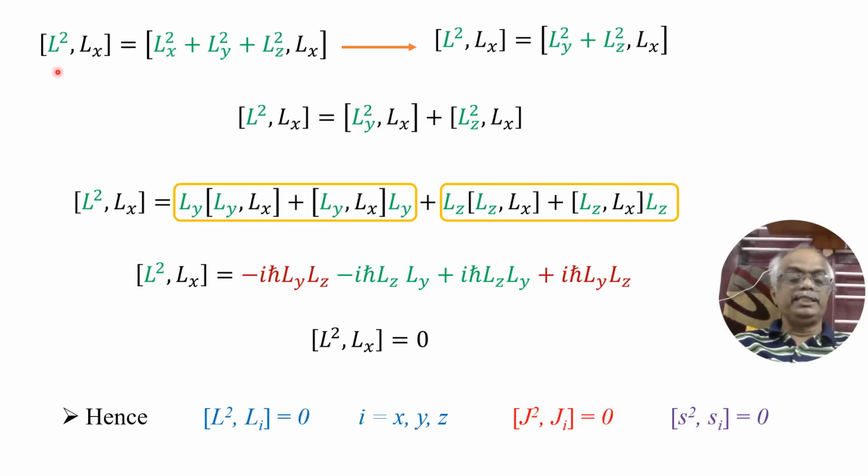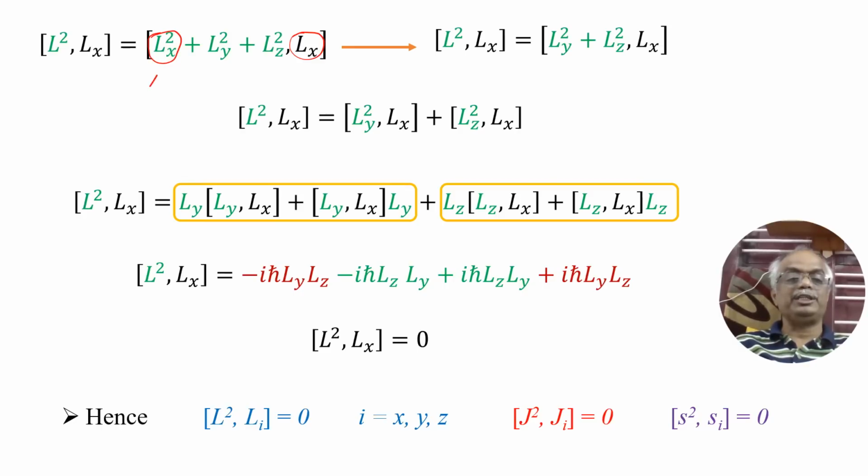Now we will see the commutation relation between L squared with Lx as well as Ly and Lz. First we will see the commutation between L squared with Lx. L squared, by definition, is equal to Lx squared plus Ly squared plus Lz squared. Here naturally Lx squared will commute with Lx, so you can remove this first term.